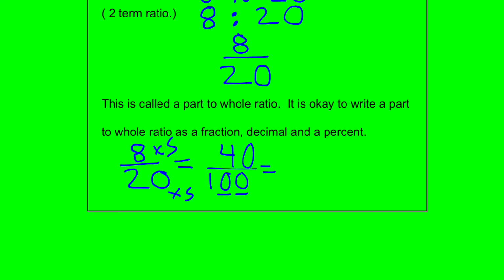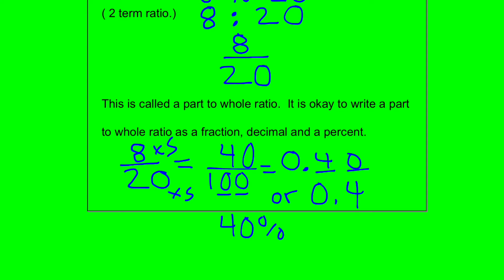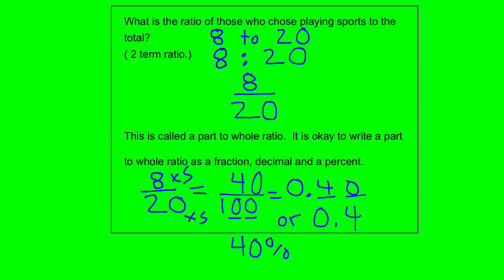That means the decimal is 0 and 40 hundredths, or even simpler, it could just be 0 and 4/10. And it's also a percent, right? Percent is out of 100, so this is also 40%. So 40% of the students in the class would prefer to play sports. So that's called a part to whole ratio. And we can write that as a fraction, a decimal, and a percent. We can also write it in these 2 forms as well.